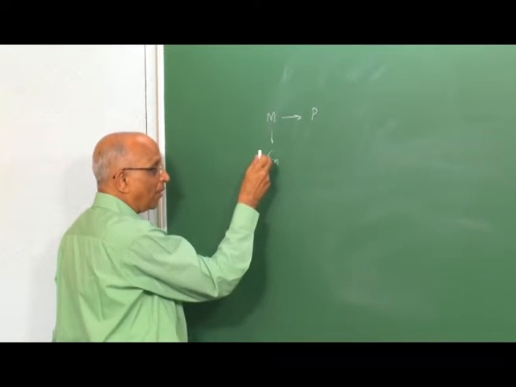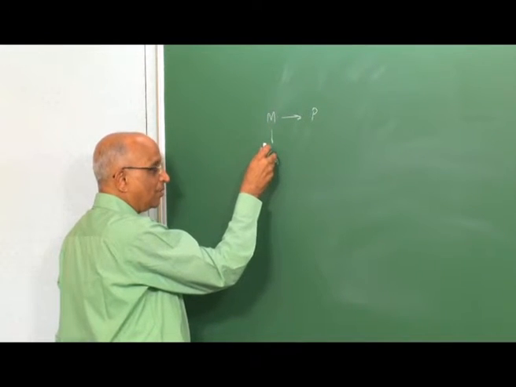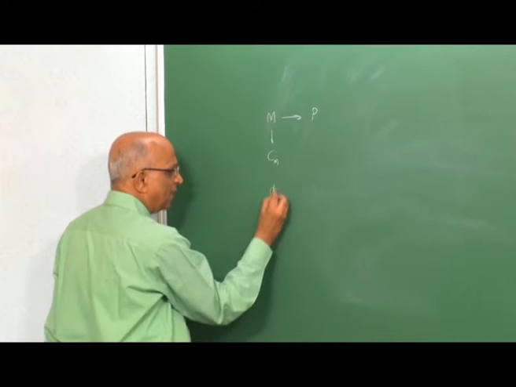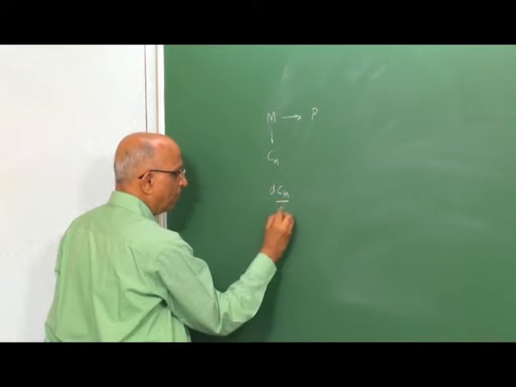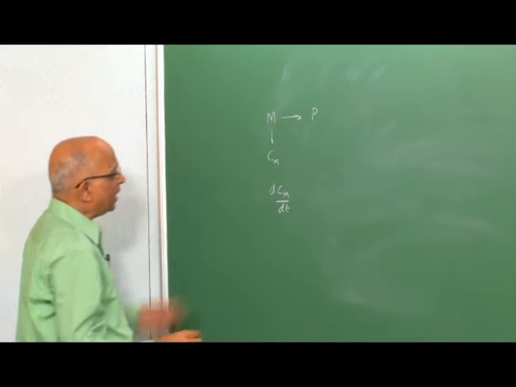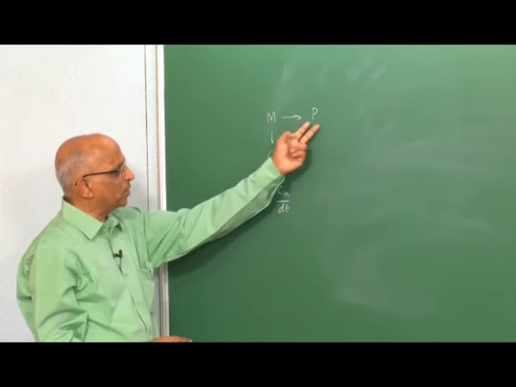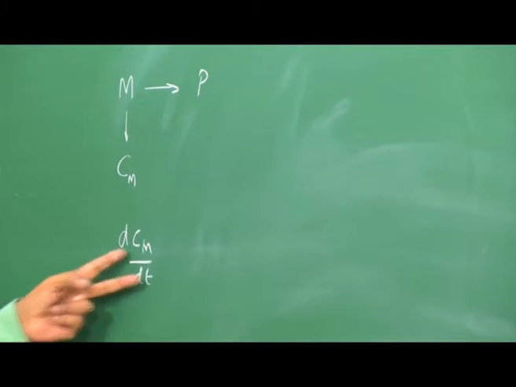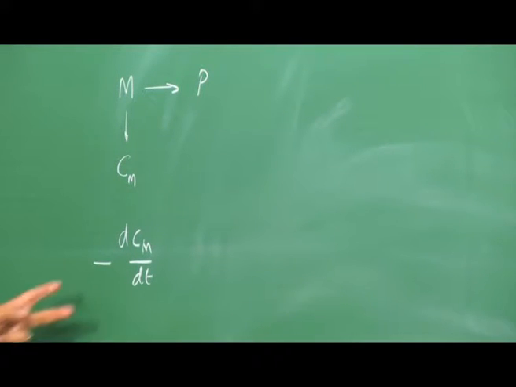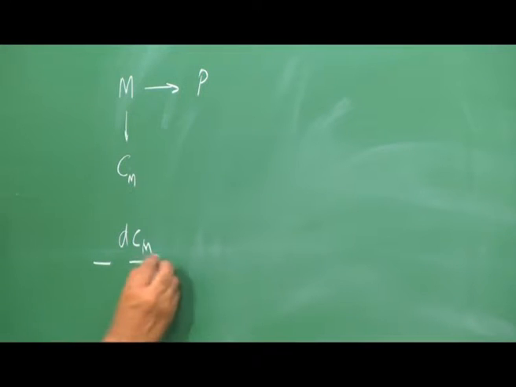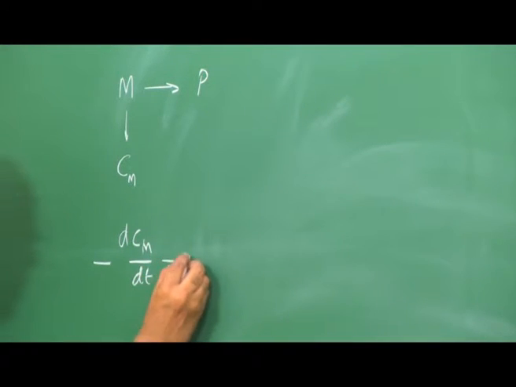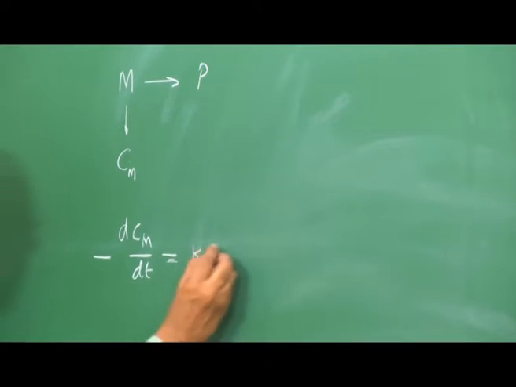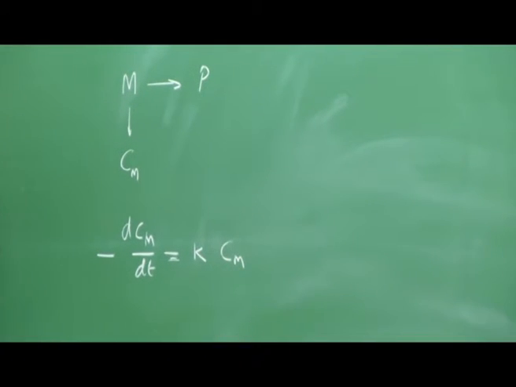Well, we said for reactions I must consider concentration and not moles, therefore, I consider dCm by dt. In this reaction, M gets consumed, P gets formed, therefore, the rate of a reaction is minus dCm by dt, because it is gradually getting consumed, and as per the law of mass action, which is based on experimental findings, it says that it is equal to a constant into the concentration of M.